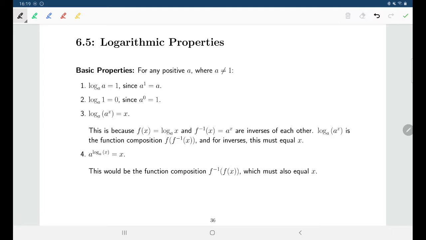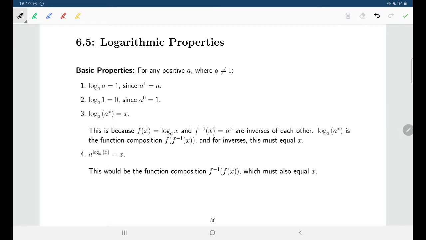And same thing is also true for a to the power of log base a of x, putting a logarithm inside of an exponential function, composing a logarithm with an exponential function. That's putting a function's inverse inside of the function. That should give us just x as the result.